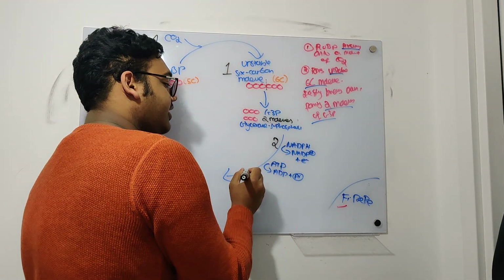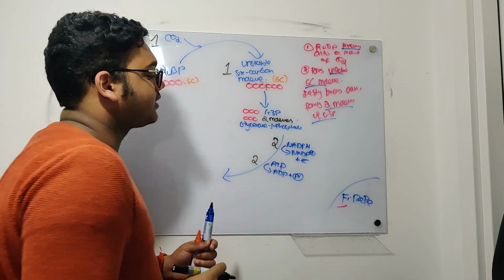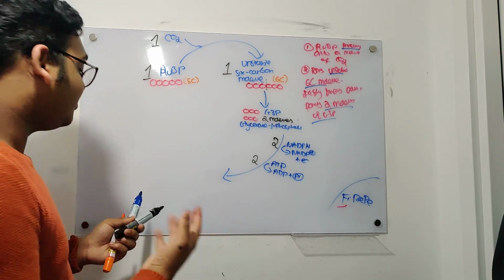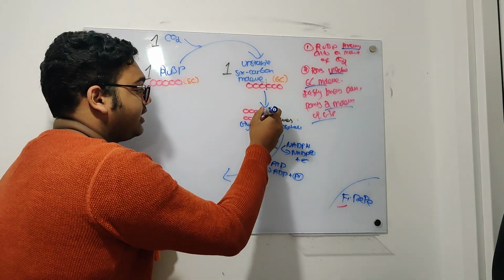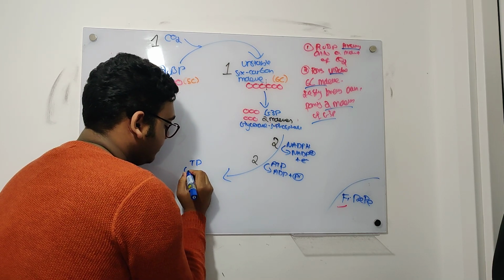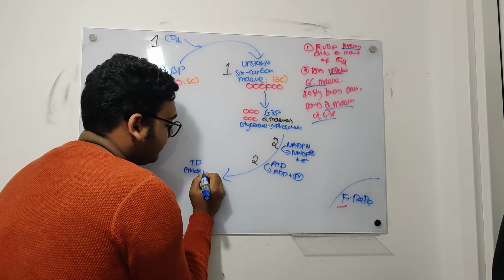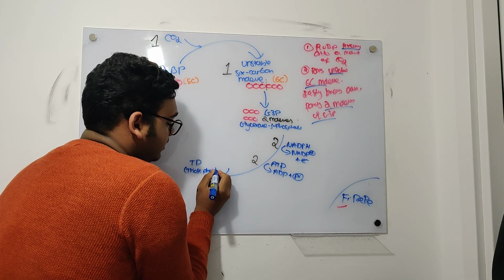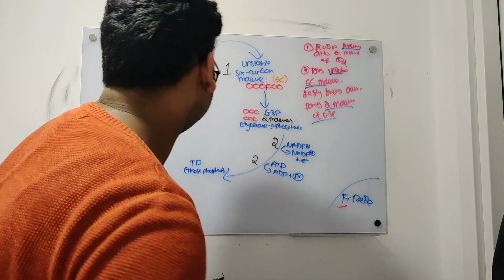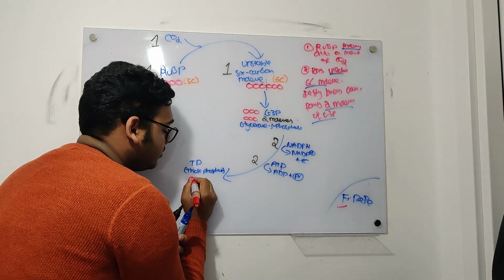So I'm going to put a 2 there, I'm going to put a 2 there, and that forms our final molecule that we're looking for, which is triose phosphate. So TP, triose phosphate. Triose phosphate has 3 carbons as well. 1, 2, 3.